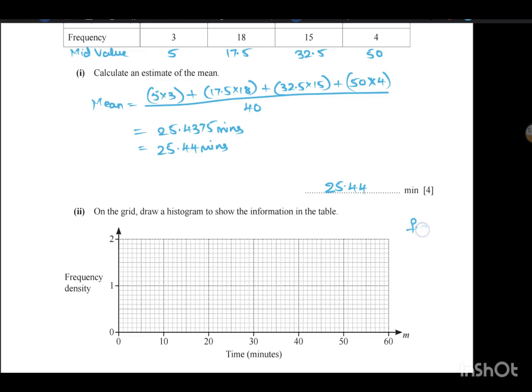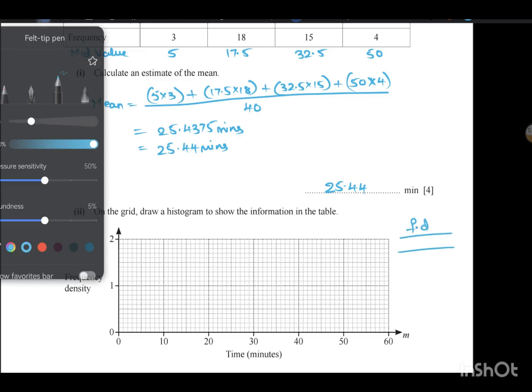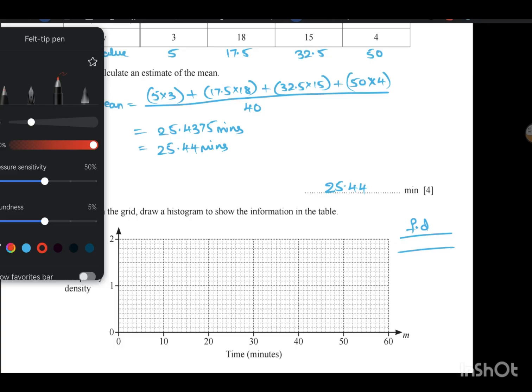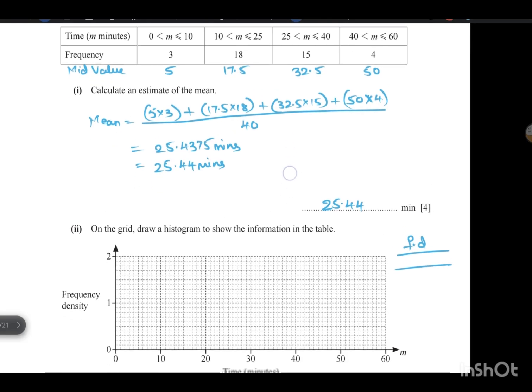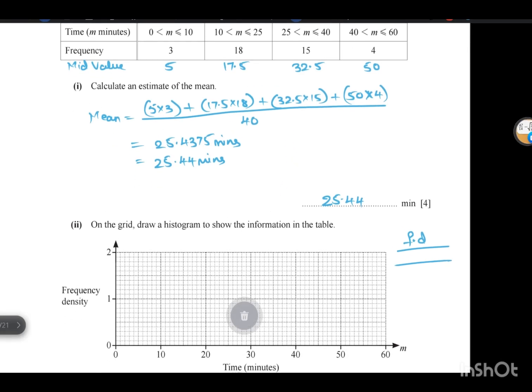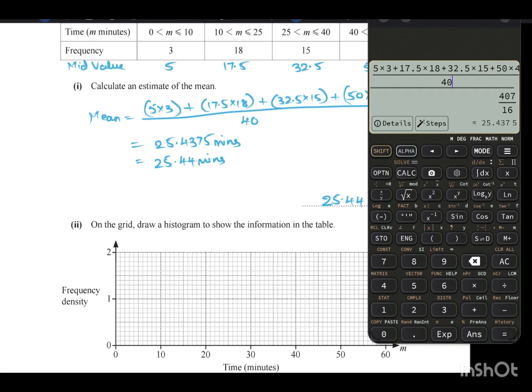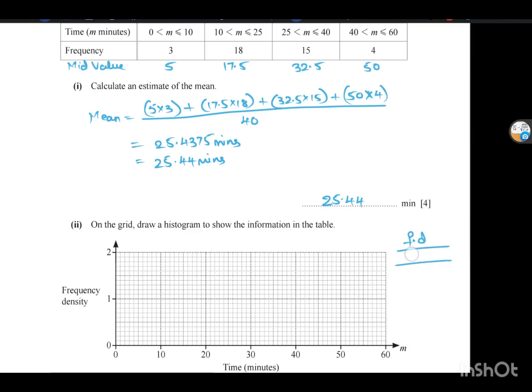The frequency density for the first class is frequency divided by the class size. So 3 by 10, class size is 10. 3 divided by 10 is 0.3. So 0.3 is the frequency density for the first class.